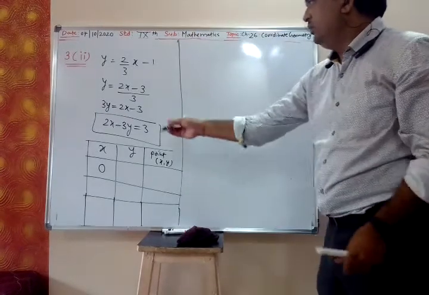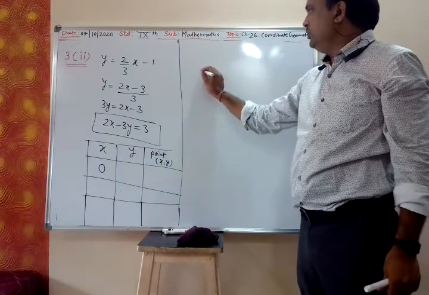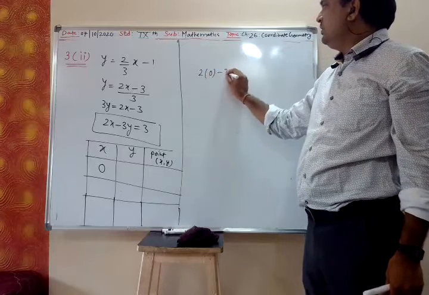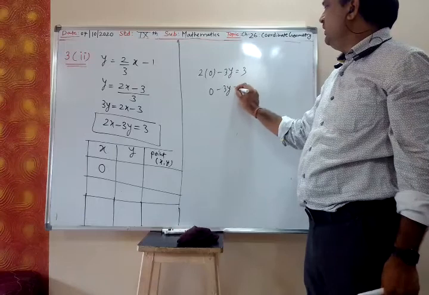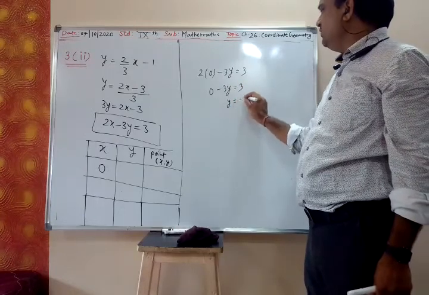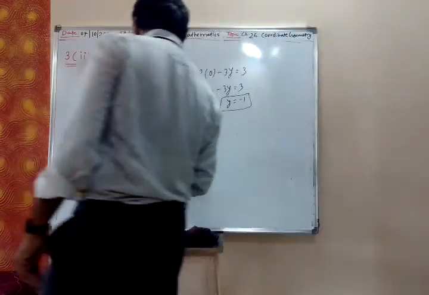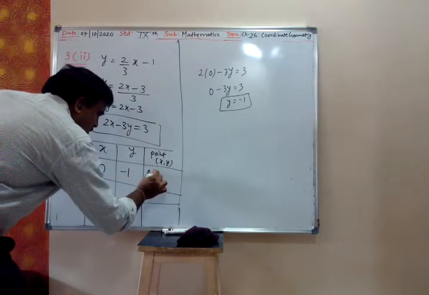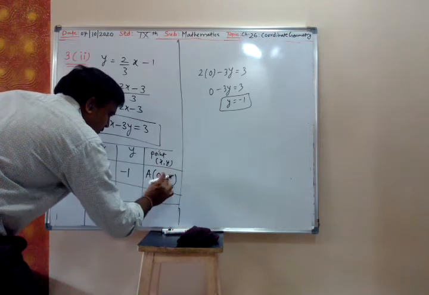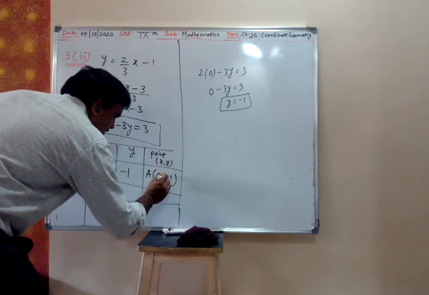When x is 0, you will get 2 into 0 minus 3y is equal to 3. So 0 minus 3y is equal to 3, so y is equal to minus 1. So the corresponding point you will get is A, 0 comma minus 1. You have got the first point.